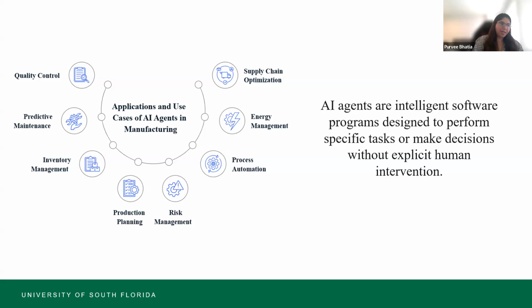Then we have predictive maintenance, where it can be used to reduce any downtime and lower any maintenance costs. We also have inventory management where forecasting can be done to plan and schedule all of your tasks. So on and so forth. We have process automation where interactive training materials can be made and inconsistencies can be identified.